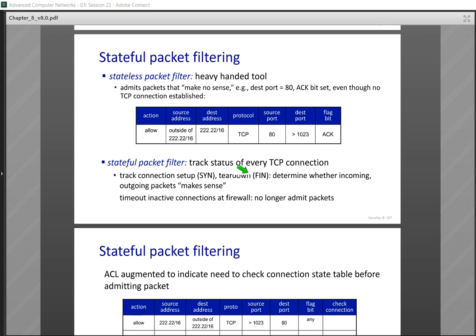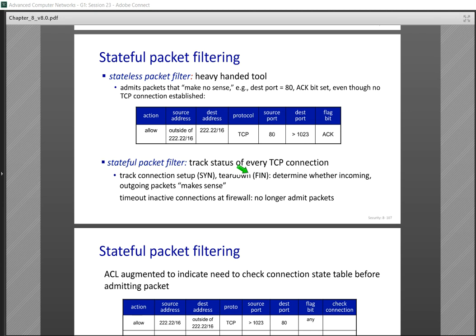For example, I receive a packet with the FIN flag set to 1. It means that this is the last packet of this connection. Okay, the firewall can check its list. Do you have a connection like this?